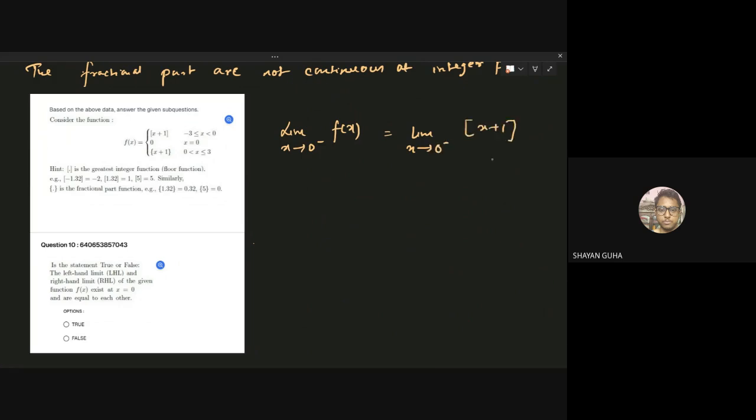Now tell me, for any value which is a little bit less than 0, that number will be negative. Now if we subtract a very small number from 1, this value will be 0 point something, and if we take that number and perform the box function, this value will be 0. Tell me if you understood this or not.